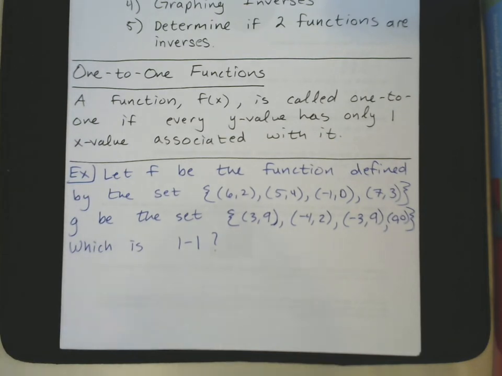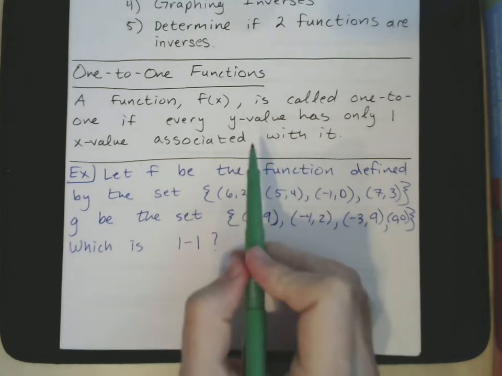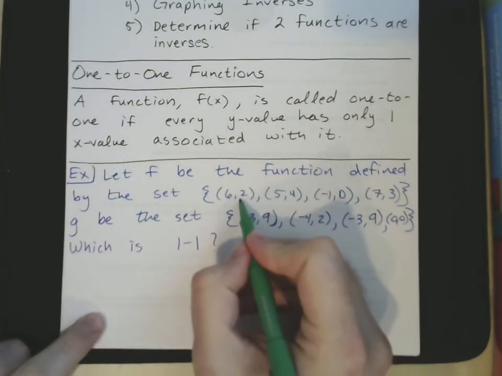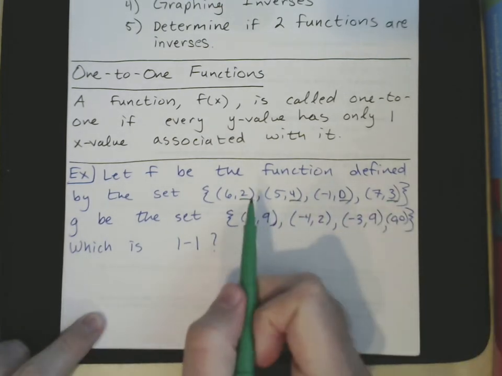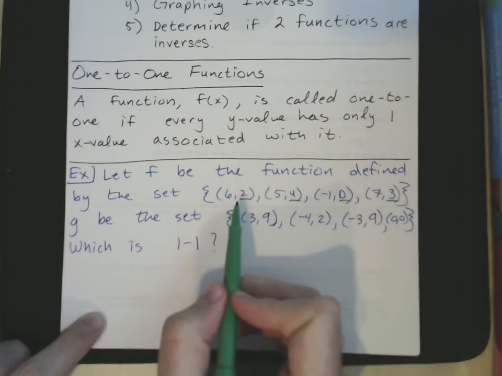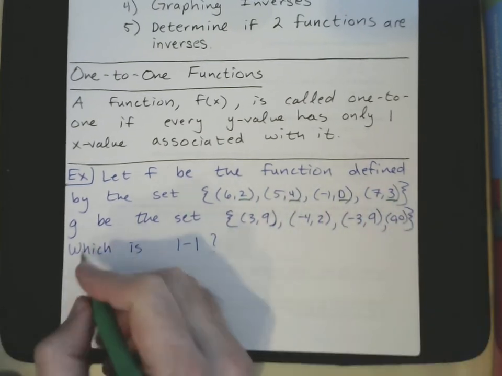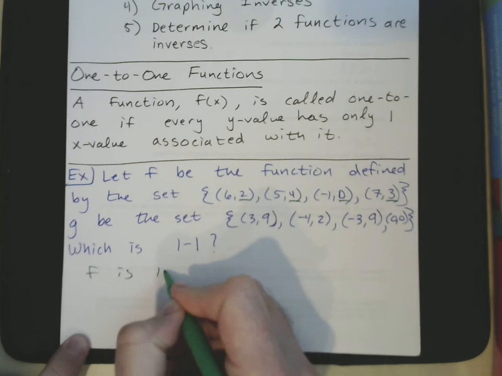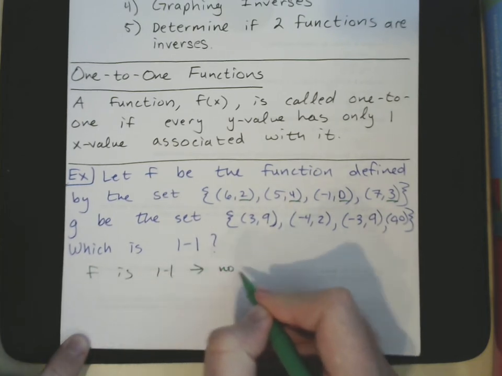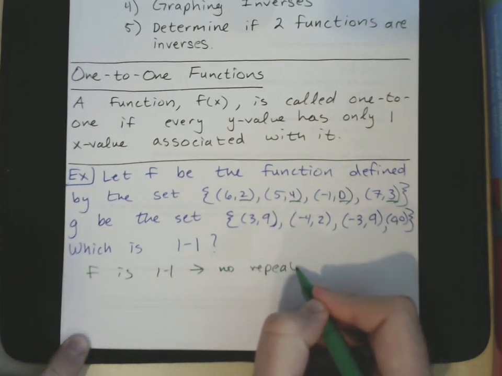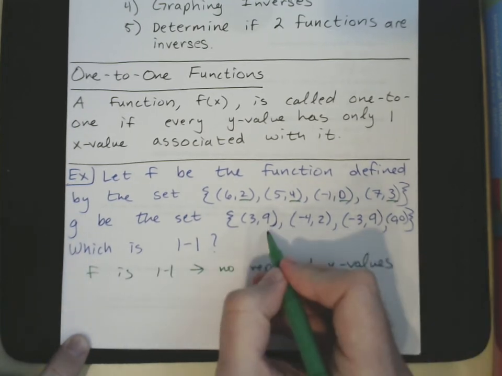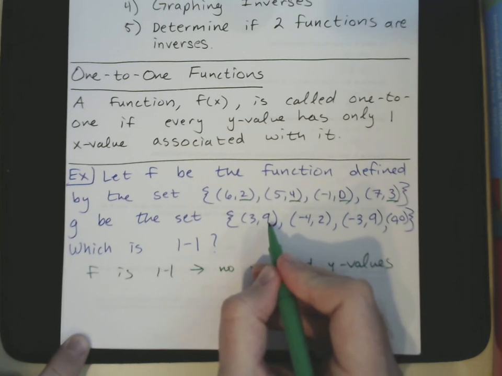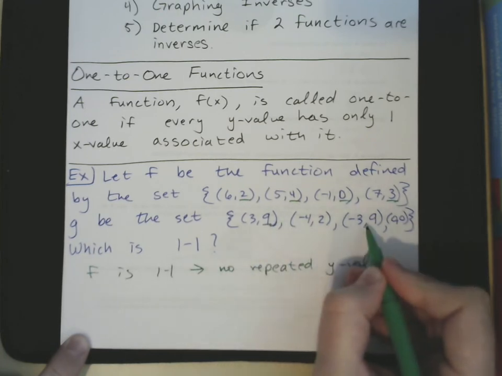So the thing that we look at when we're dealing with one-to-one is y values. So if every y value has only one x value, that means that there should be no repeated y values. So in our function set f, every single y value is unique. So we would say that f is one-to-one. No repeated y values. But now if we look at g, we have 9, 2, 9 again.